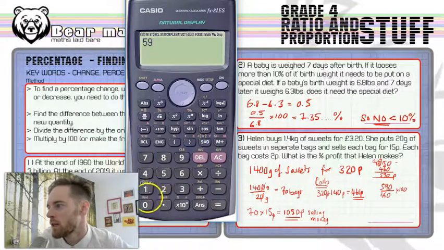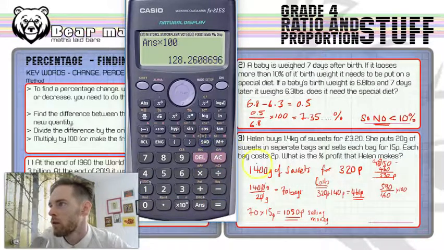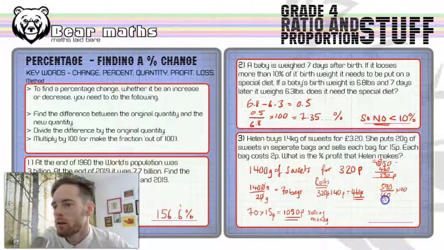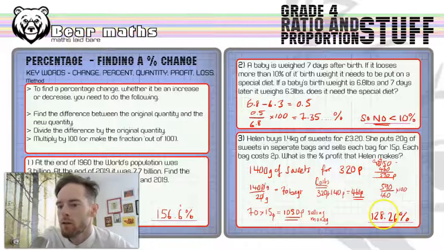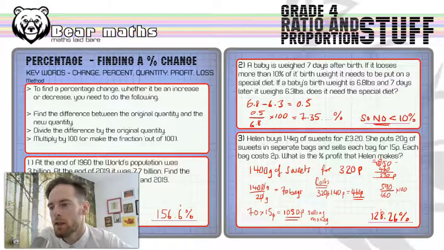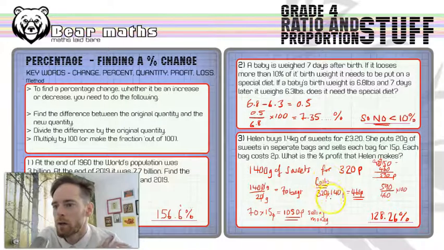So 590 divided by 460, and then multiply by 100. That equals 128.26. 128.26%. That's the profit that Helen has made on selling her sweets for 15p per bag.